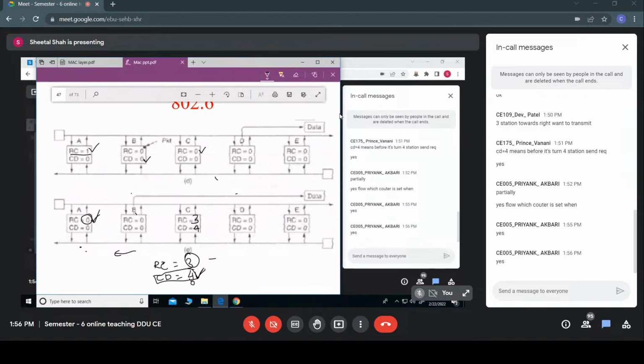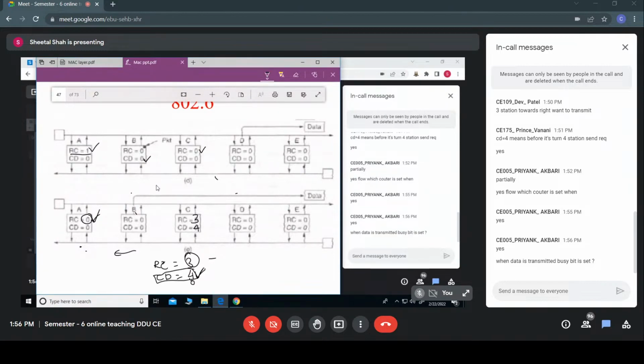Fine. This is how the 802.6, the metropolitan area network, would work. Now, some technical details of this DQDB: it can operate up to a distance of 200 kilometers, and the channels are made up of either copper or optical fiber.